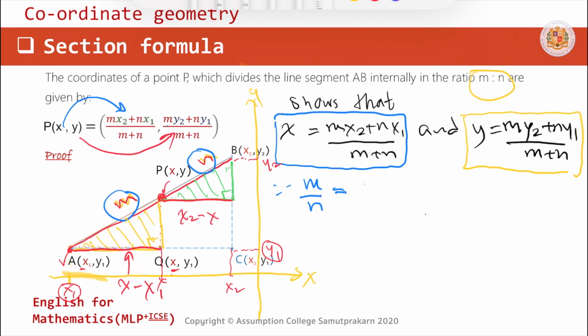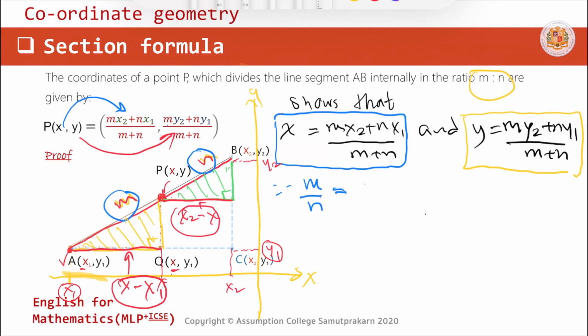Okay, y2 should be there, right? Anyway, what I needed is this length here, and this.